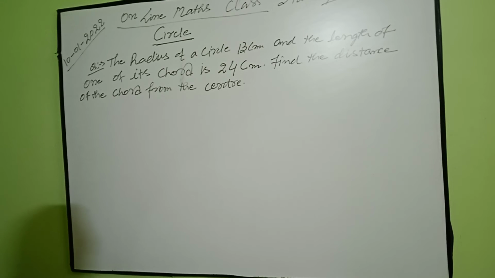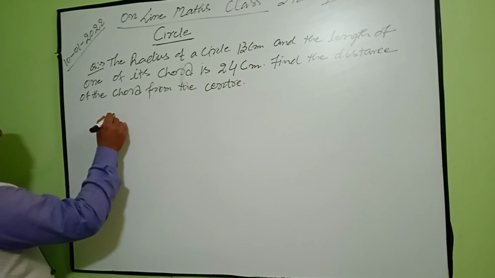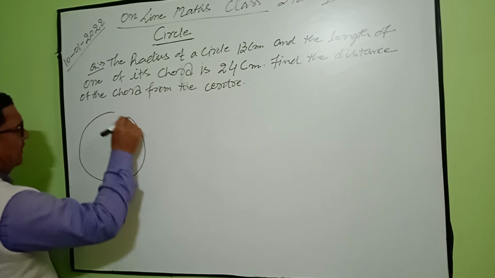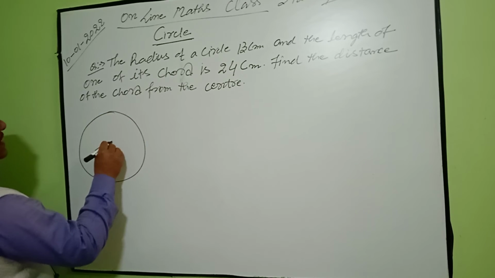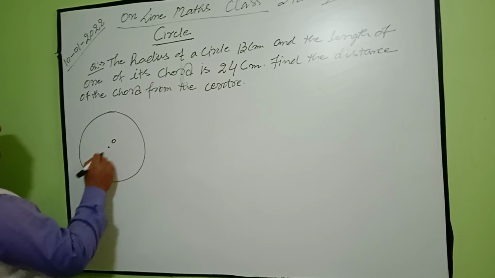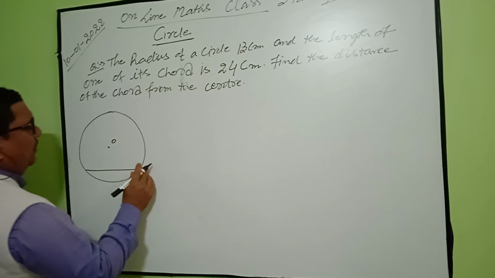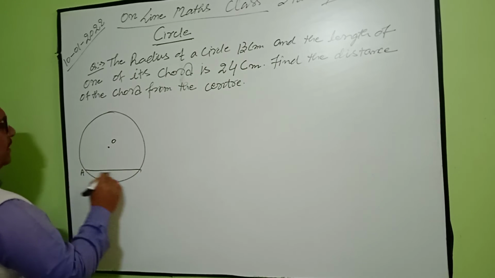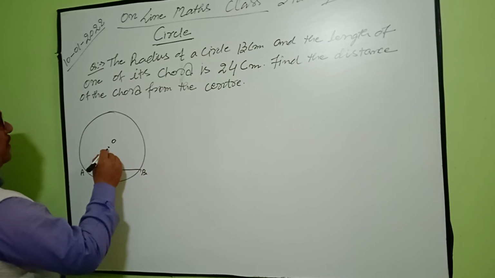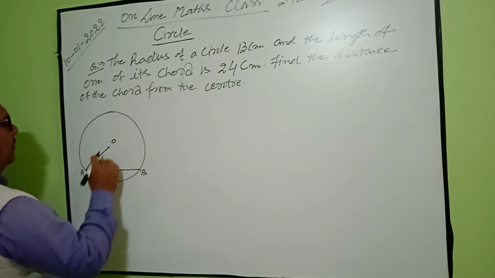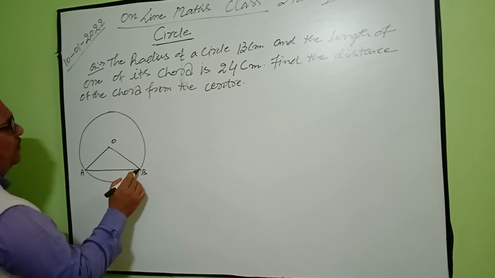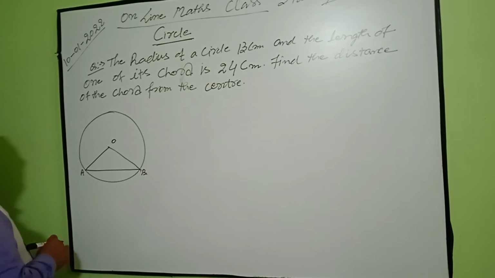Now see the figure. Here is a circle. This one is center O and AB is a chord. OA and OB are radii.